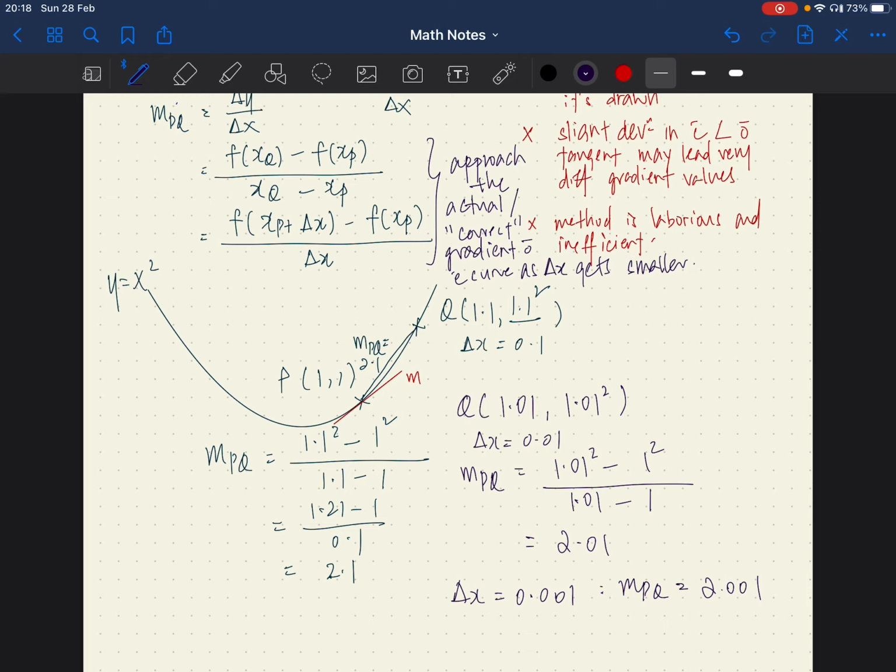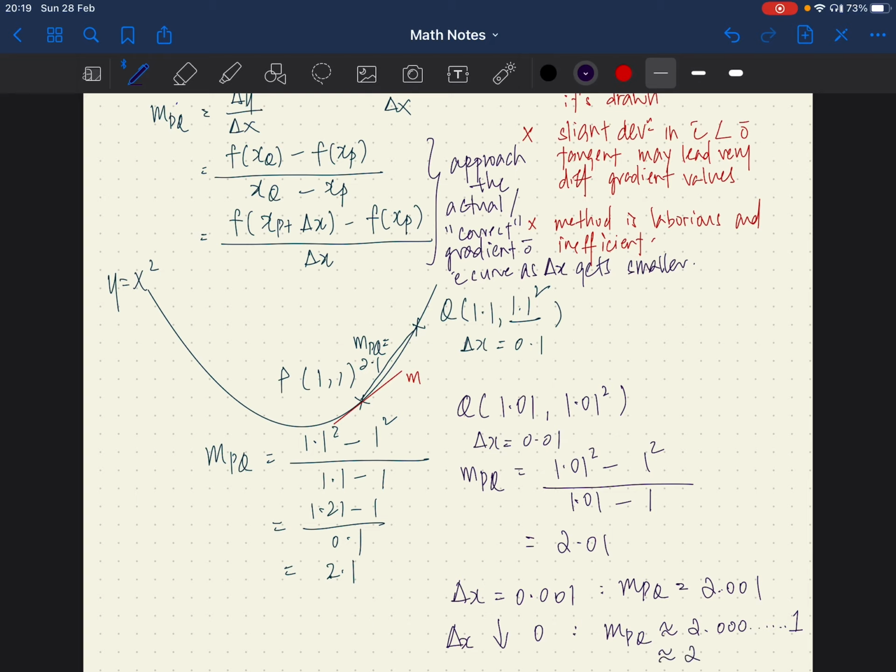So you can see that as your delta x gets smaller, the decimal point of 1 gets pushed further out. So it's not difficult to guess that as your delta x decreases towards 0, my gradient of PQ should become 2.000 and so on, followed by a 1. With so many zeros in between, effectively it is just 2.